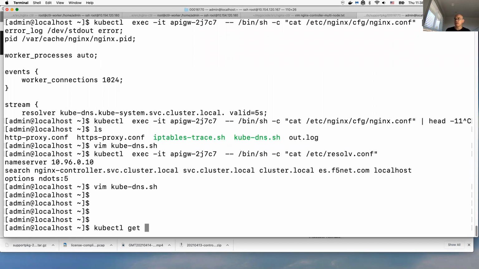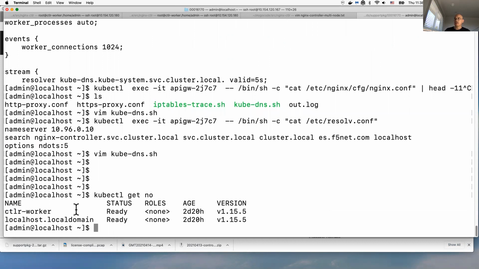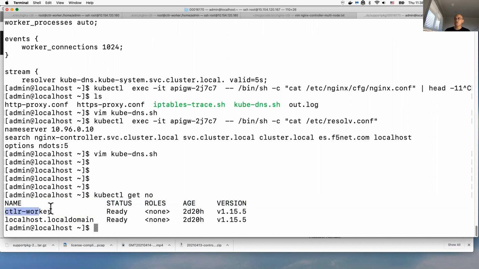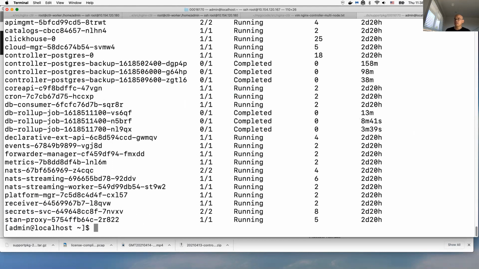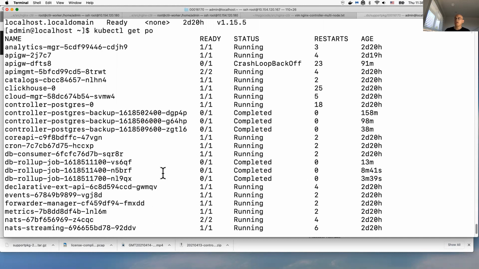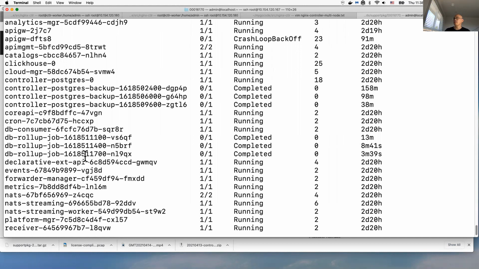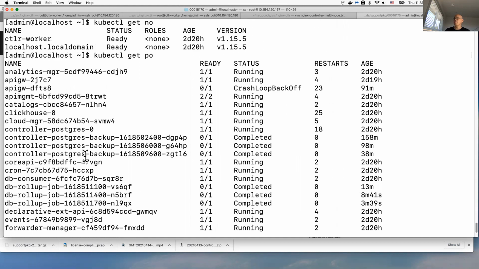I have two nodes in the Kubernetes cluster. One node is called controller worker, and another node is called localhost. I deployed an nginx controller pod, and we can see the nginx controller pods are running for most of them.